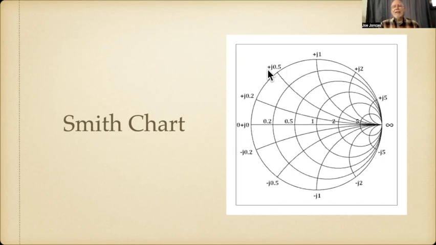And notice that these say plus J. So we've got plus J1, plus J.5. That is the inductive side. Now, do I have it right? I hope so. And minus J, this is the capacitive side.